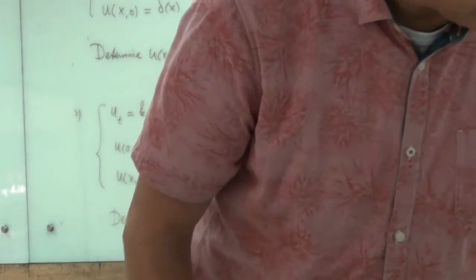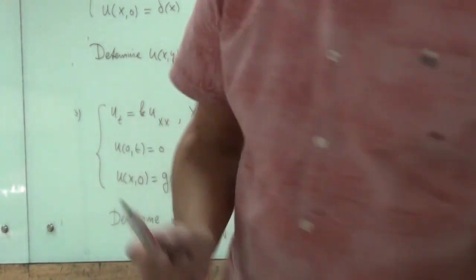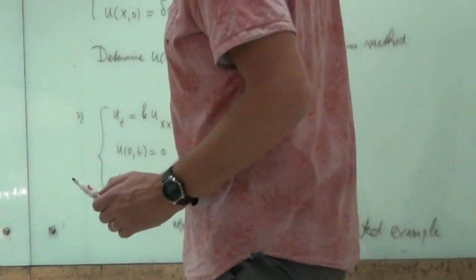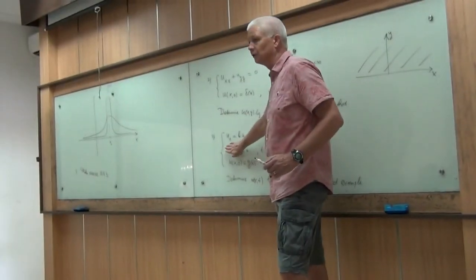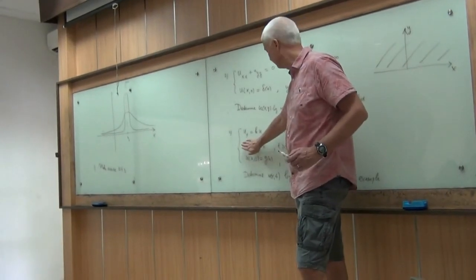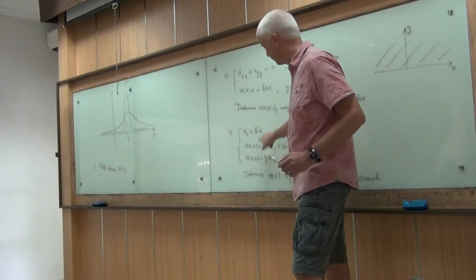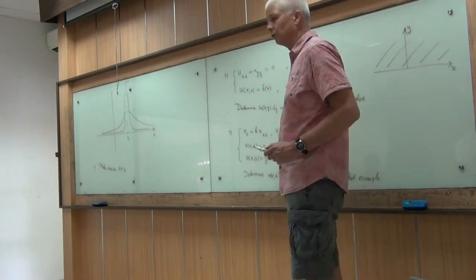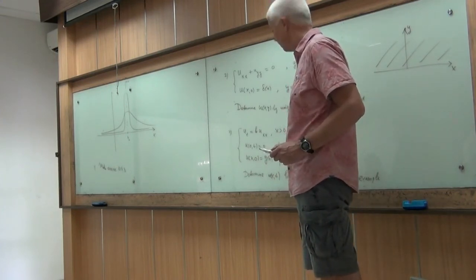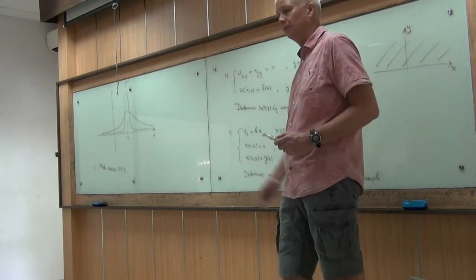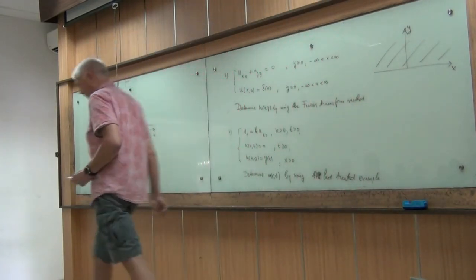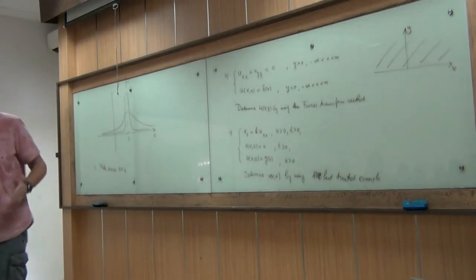And the last exercise, that's an exercise that looks much like the problem that I studied a moment ago. But I did not have the boundary condition. That's the only difference. Same differential equation, same initial condition. Only now, x is not running from minus infinity to plus infinity, but it's running for x positive. Then I have the Dirichlet condition.